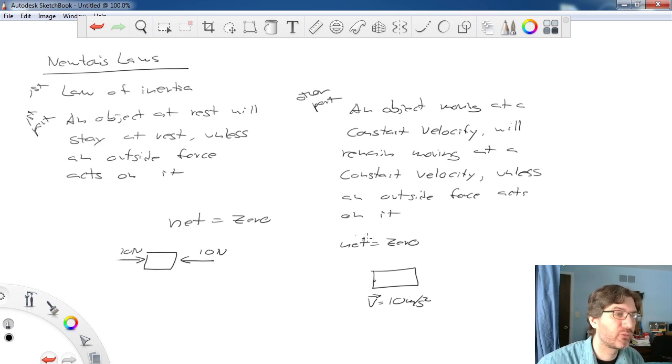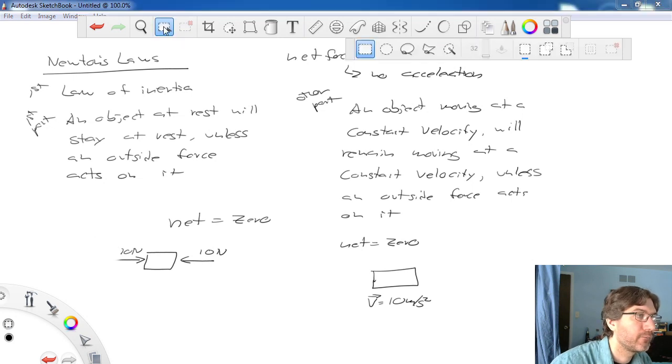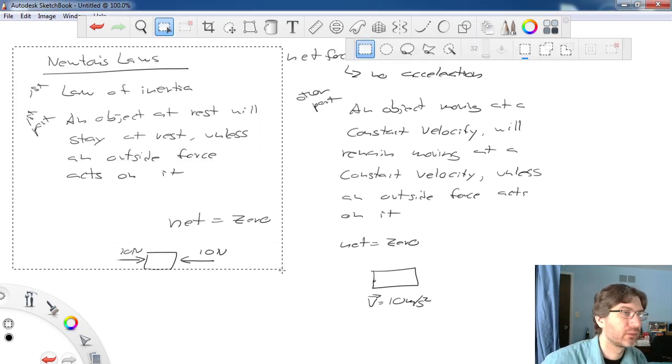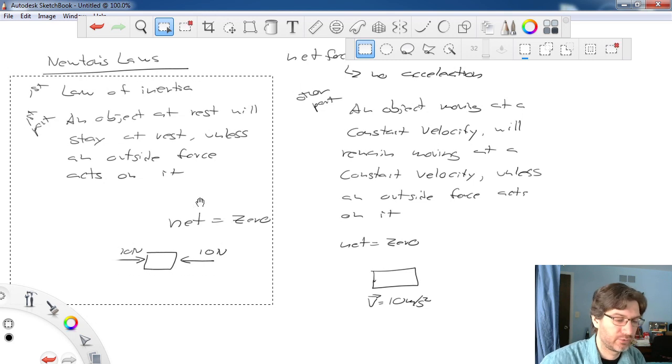So if you have a net force equal to 0, this really means there is no acceleration. And that's going to come into play in Newton's second law as well. So let's look at Newton's second law here.